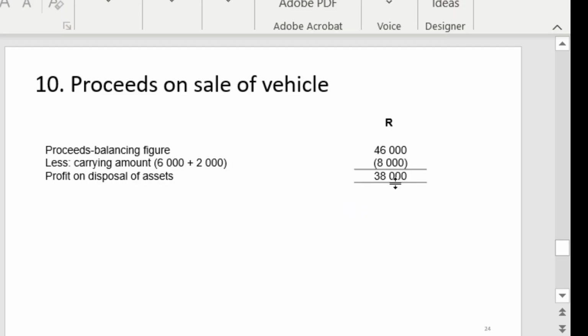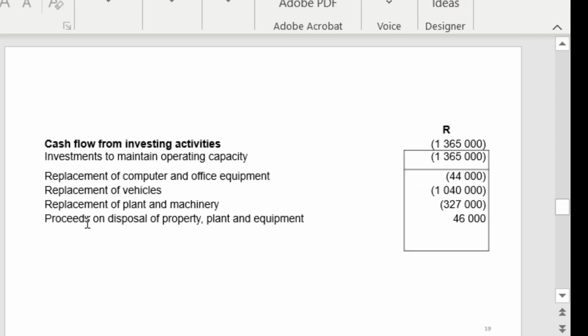So if we take 38,000 and we add 8,000, that should give us 46,000. So we received cash to the value of 46,000. That's why we need to disclose it as proceeds on disposal of property, plant, and equipment.